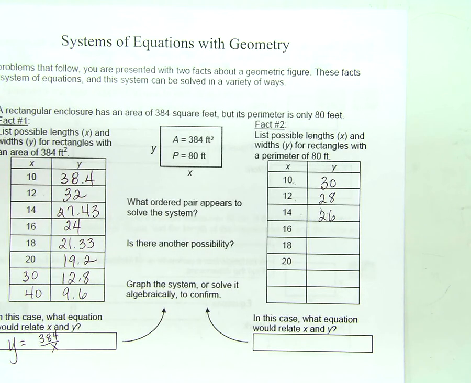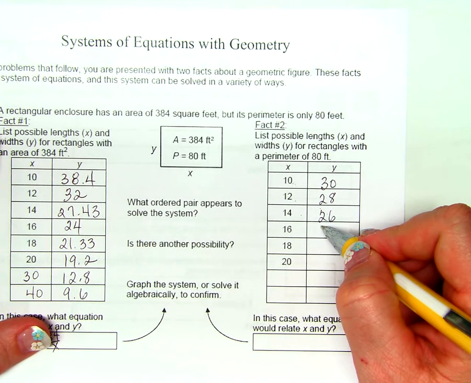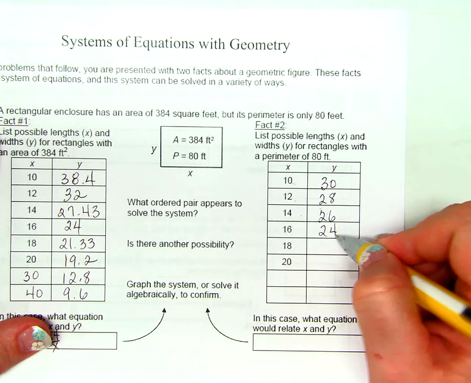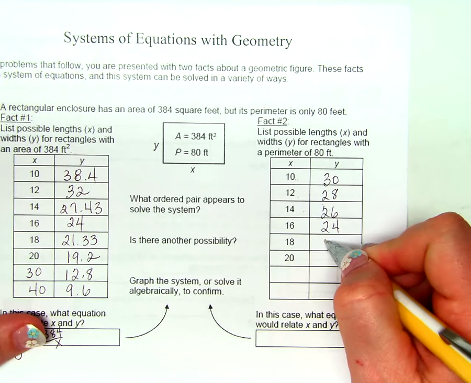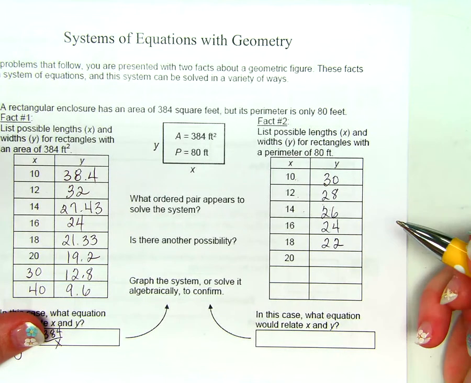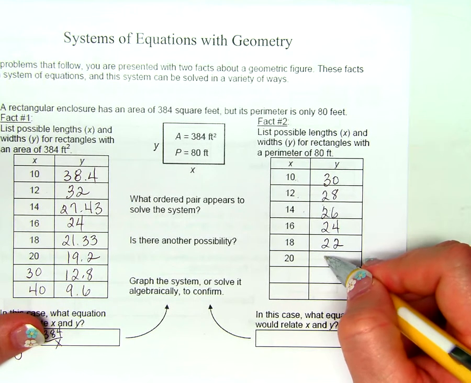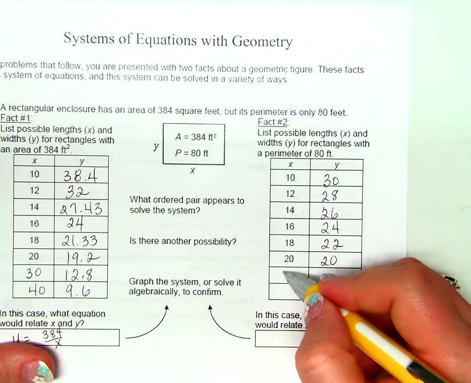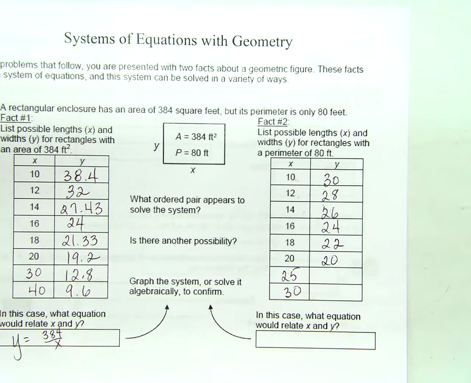What about 16? Can you tell me the answer is 24 without doing any arithmetic? Can you tell me what the next answer is? How do you know that? It's a pattern. Okay? So what about here? 20. So what if I said 25 and 30 this time?